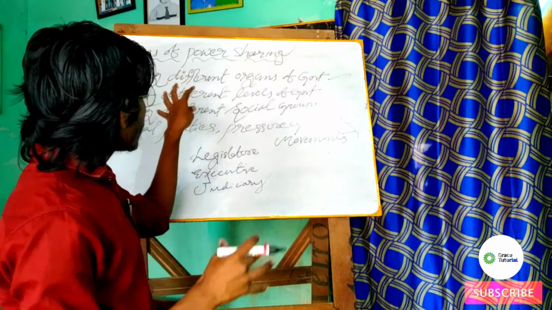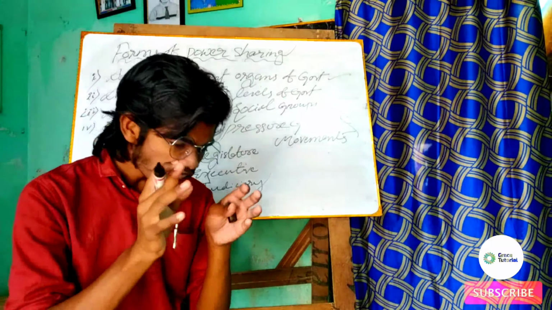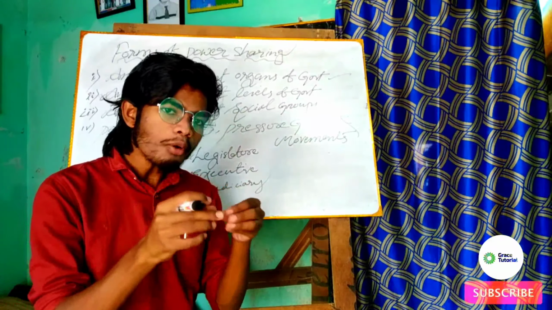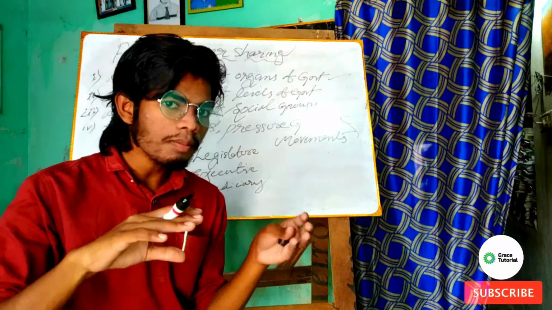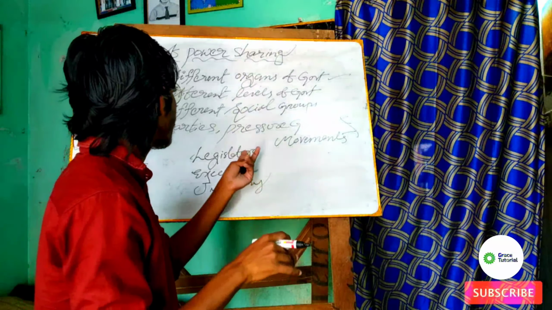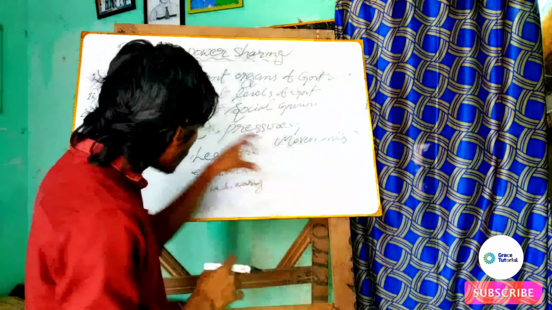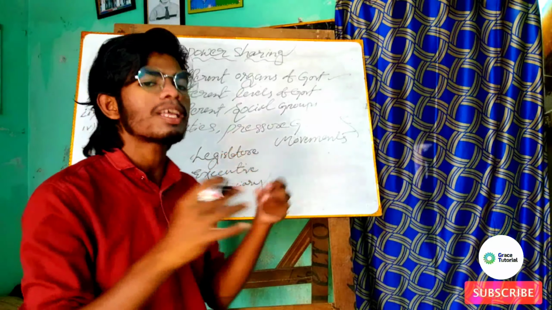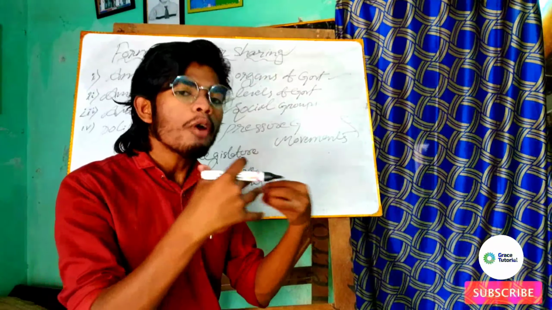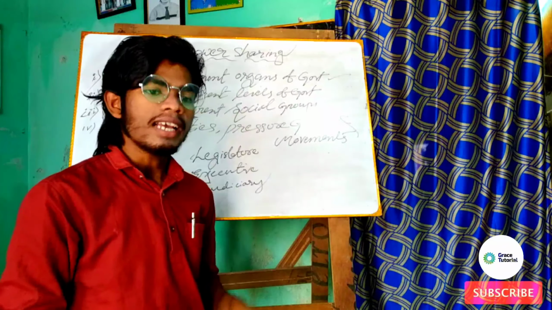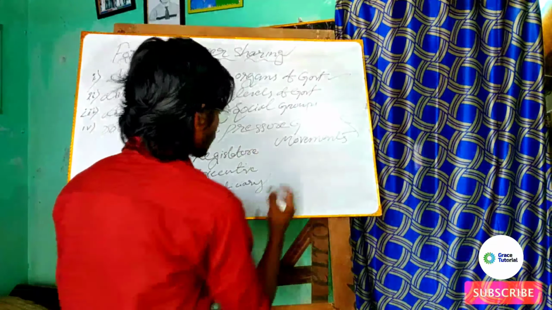So, whenever we discuss the forms of power sharing, the first point that you should say is that the power is shared among the different organs of the government. Different organs of the government in the sense that the power is shared between legislature and executive, between executive and judiciary, and among these three different organs of the government. When the power is shared among the different organs of the government, that division of power is basically called the horizontal division of power.